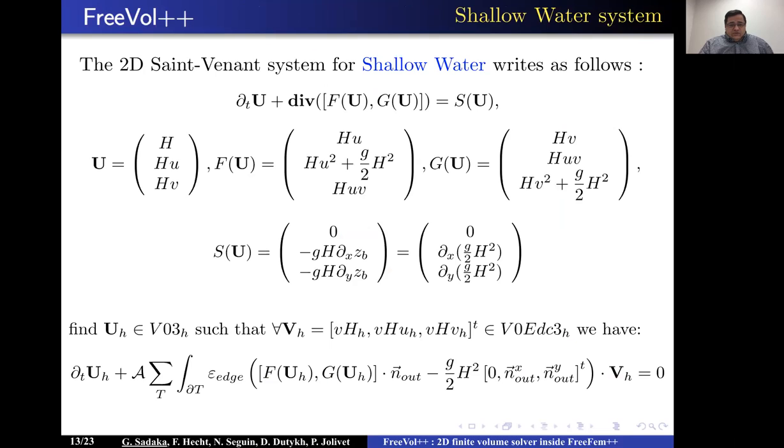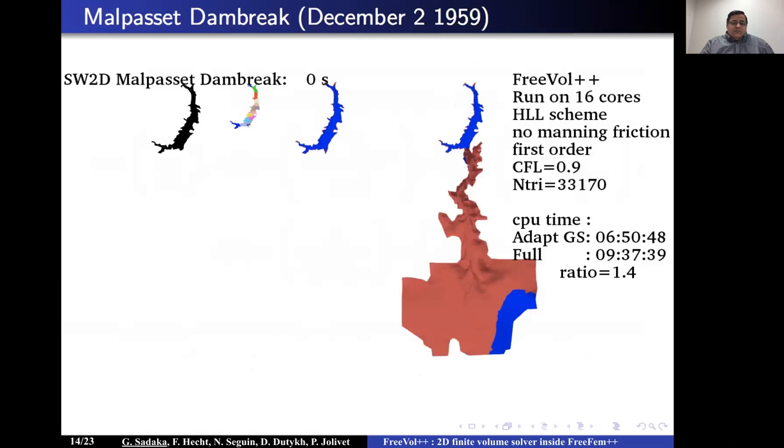How to do it with FreeFEM. So here is a hyperbolic equation, and it can be written in variational formulation like this. As you can see here, with epsilon edge, the normal, and I present only some results about this method, about this equation.